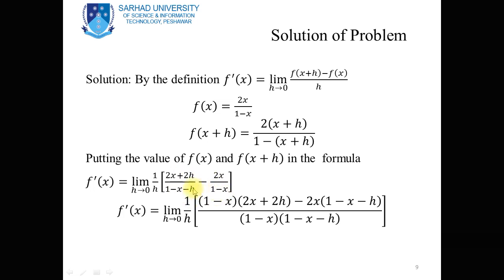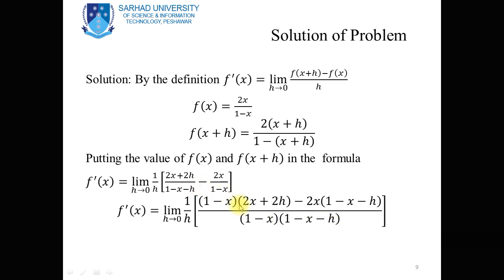First of all, multiply the denominators, and then by cross multiplication, multiply this term with this, and this term with this. You can obtain the LCM: 1 minus x into 2x plus 2h minus 2x into 1 minus x minus h, divided by 1 minus x into 1 minus x minus h.